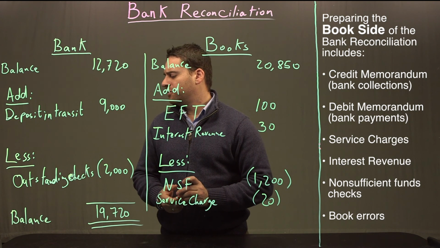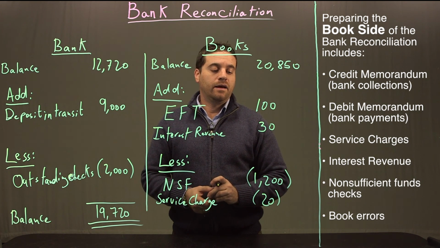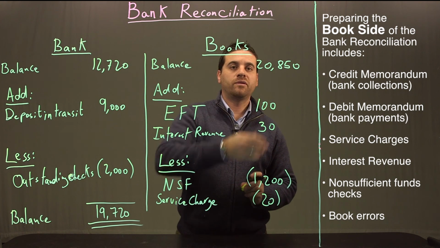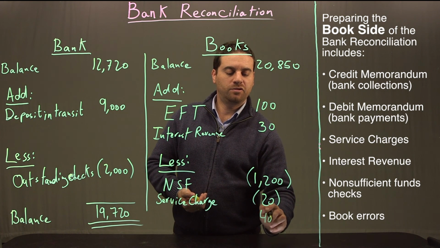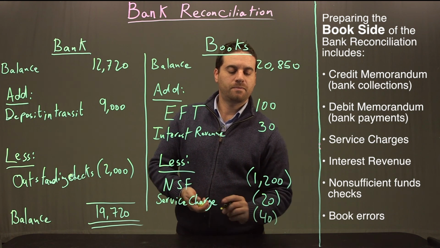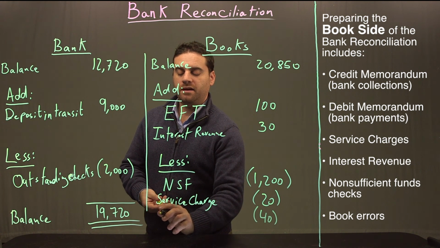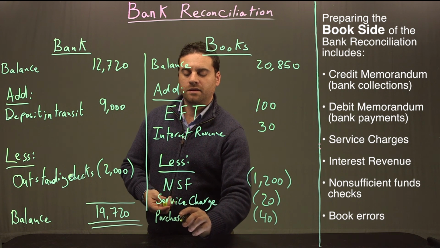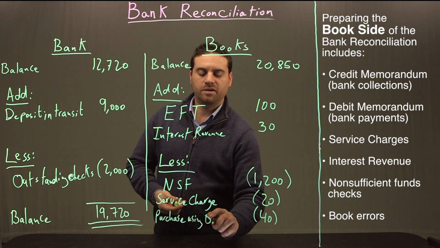Let's say that amount was $40. It's been deducted from the bank. It's not yet deducted from our books because we forgot to record it. So we're going to go ahead and subtract that $40 from our books. Okay? And we will call it, let's say, purchase using debit card, for example.